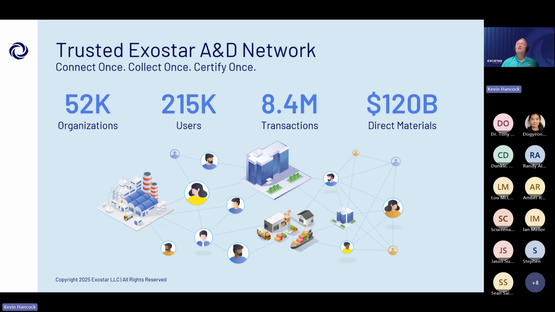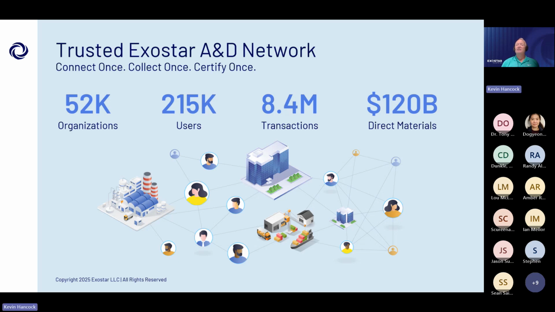So Exostar has actually been doing this for a number of years. Exostar was founded about 25 years ago by some of the large prime contractors out there, the Boeings, the Lockheed Martins, Raytheon, Ministry of Defense, etc., because they wanted to collaborate across their supply chain.